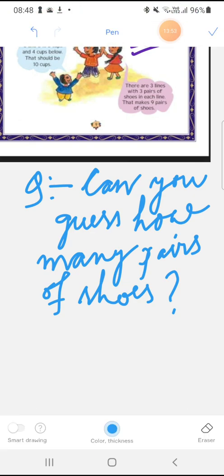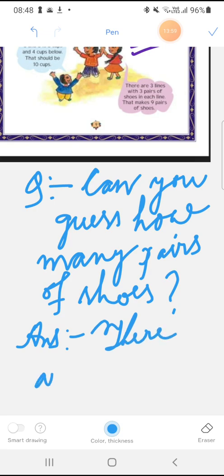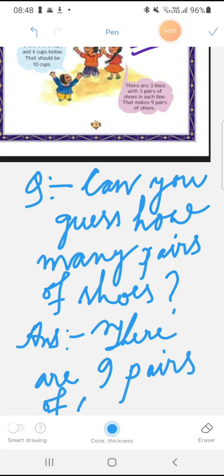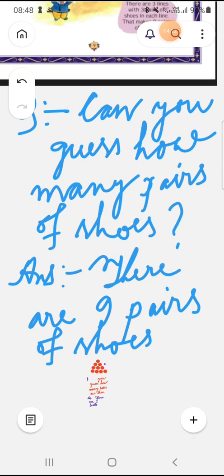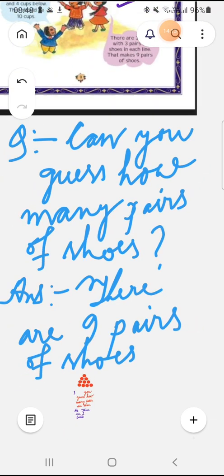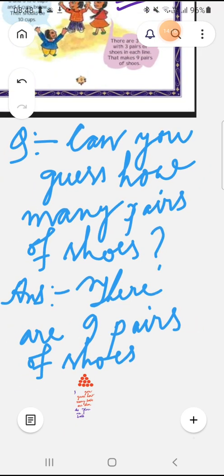The answer will be: there are 9 pairs of shoes. So this will be your answer. There are 9 pairs of shoes. You will write down this.